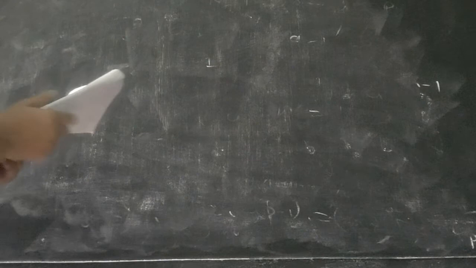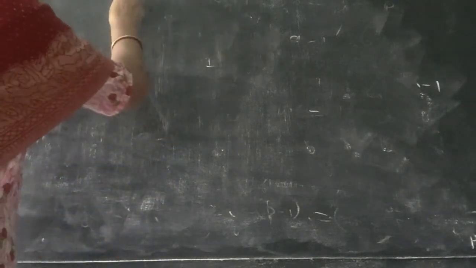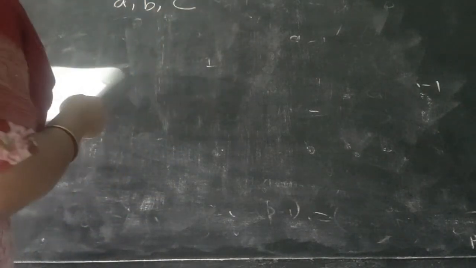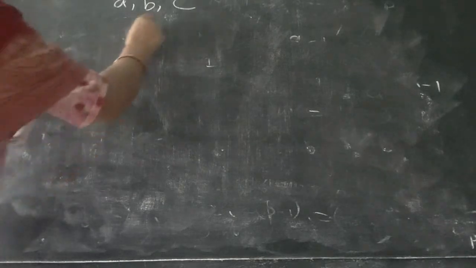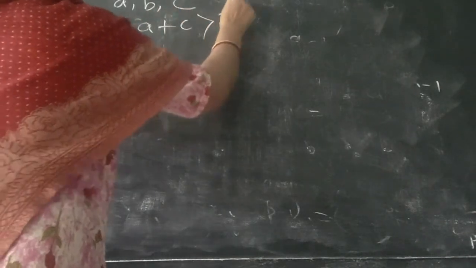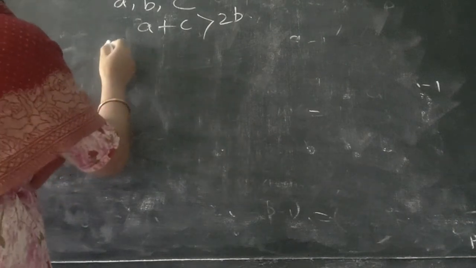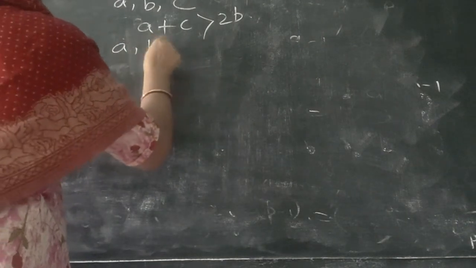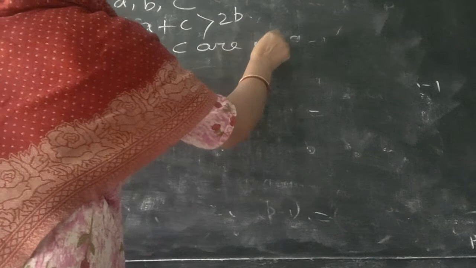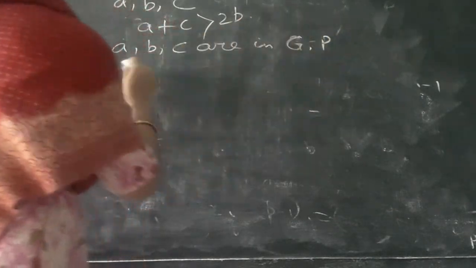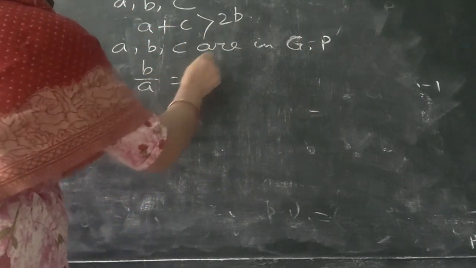If a, b, c are three unequal positive numbers in GP, this is the next sum, then show that a plus c is greater than 2b. Given a, b, c are in GP. So I can write b by a equal to c by b.